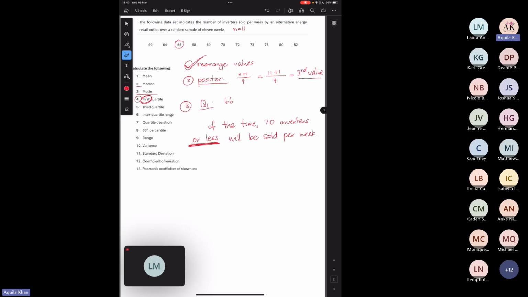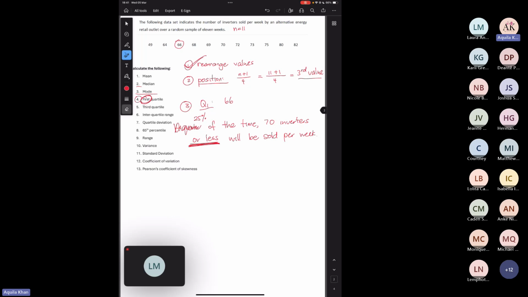So you have your Q1, and now you just need to interpret. Remember, Q1 is showing you the first 25% of your data, or the first quarter of your data set. You could say a quarter of the time, or if you don't want to say a quarter, you can just say 25% of the time.